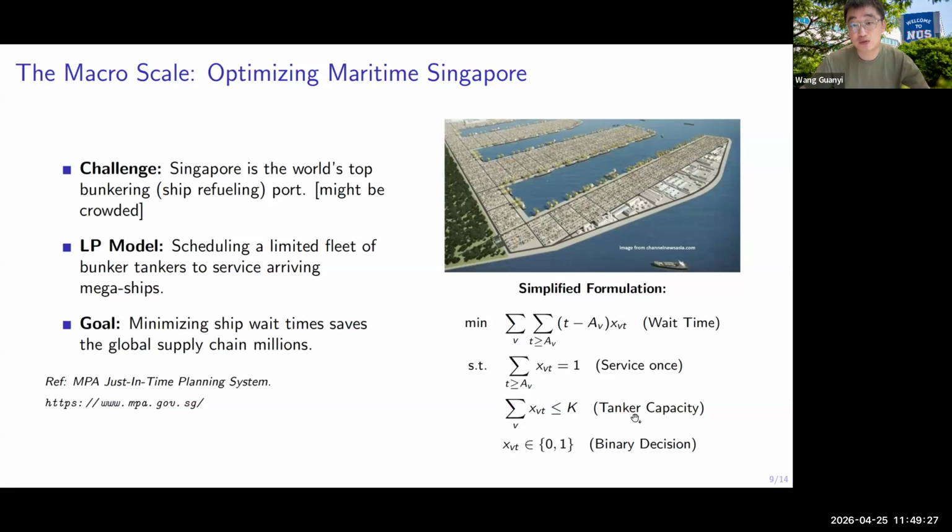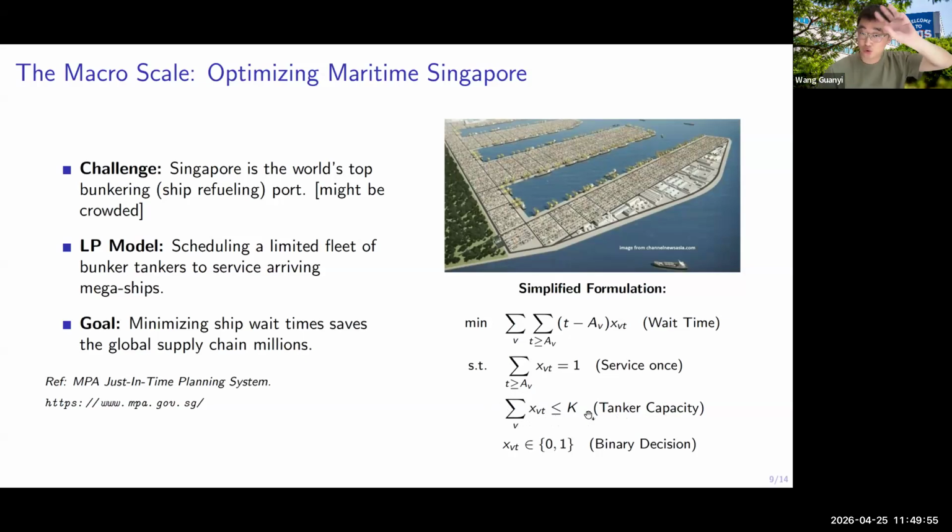The second constraint denotes the corresponding capacity, because each ship's tanker capacity is different, and it is bounded by this value. So it could serve at most up to the left-hand side.